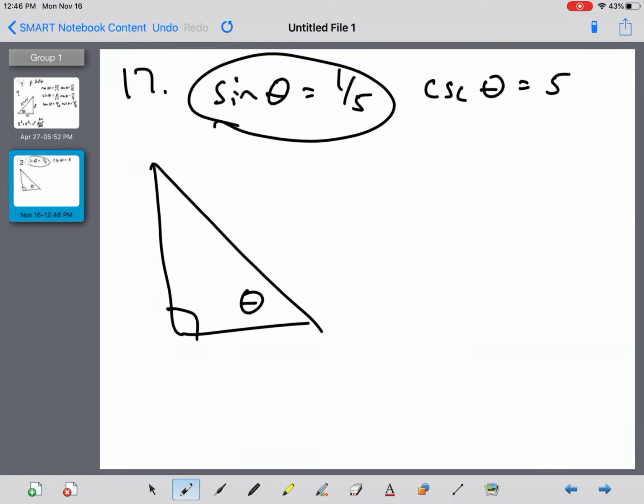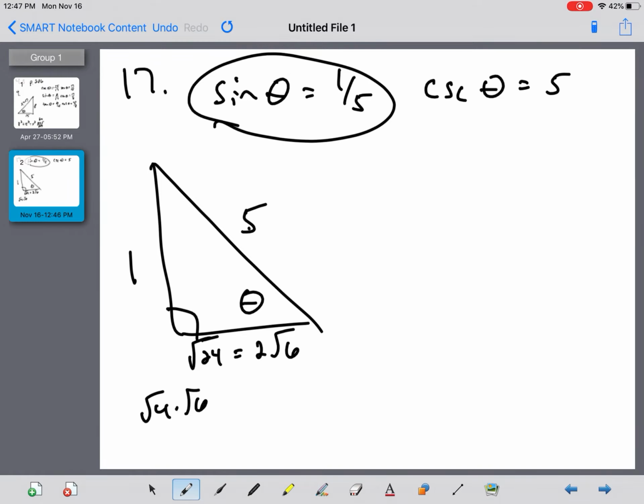Here's theta. Sine is opposite over hypotenuse, so it's going to look like that. Sine theta equals 1/5. It agrees with the picture. 25 subtract 1 is 24, so this is going to be root 24, which I'm going to write as 2 root 6. Largest perfect square factor is 2.